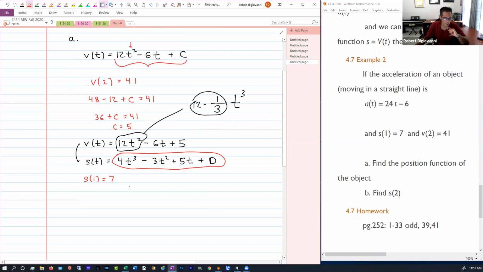So plugging 1 in is actually kind of easy because 1 to any power is 1. So it should be 4 minus 3 plus 5 plus D equals 7. And that's just 6. I think D is 1.